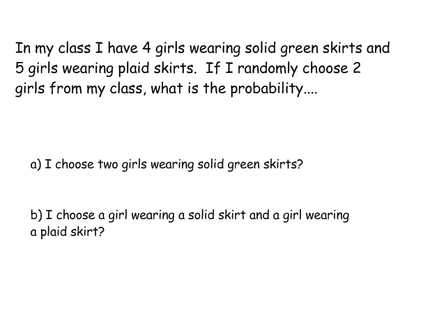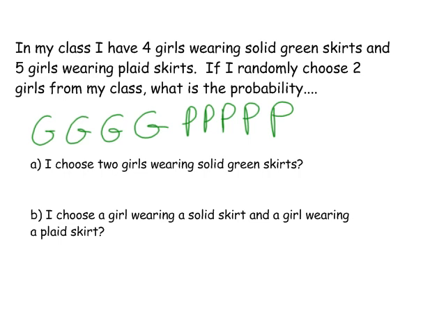I'm going to go ahead and draw out what we've got here. We've got 4 girls wearing solid skirts, and we've got 5 girls wearing plaid skirts. I want 2 girls wearing solid green skirts. The probability that the first one is wearing a solid green skirt is 4 out of the 9.